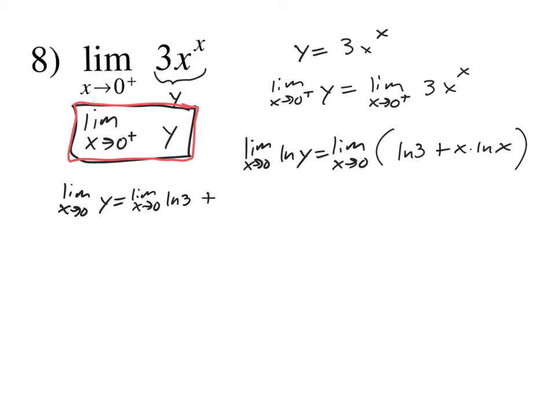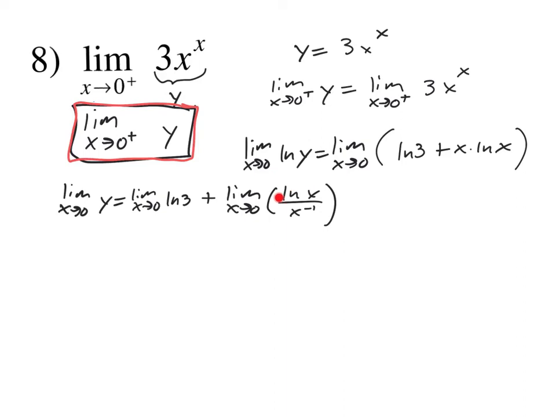We can write that in a second, plus the limit as x approaches 0 of x ln x. I want to put ln x up here, and I can just move x to the bottom by making it x to the negative 1.